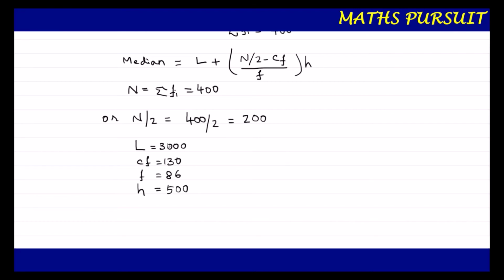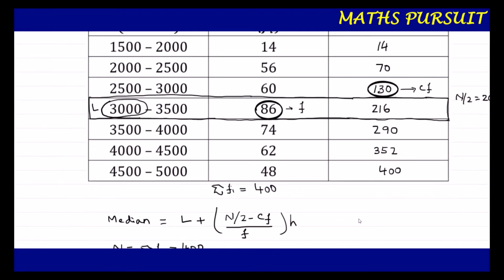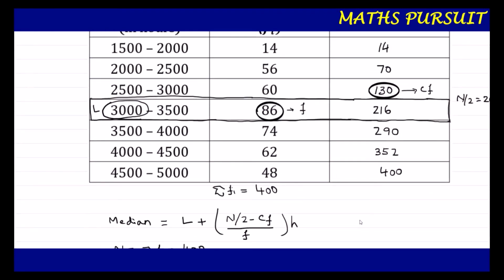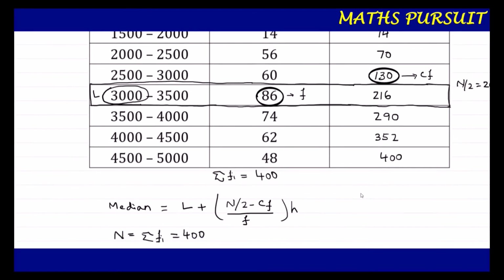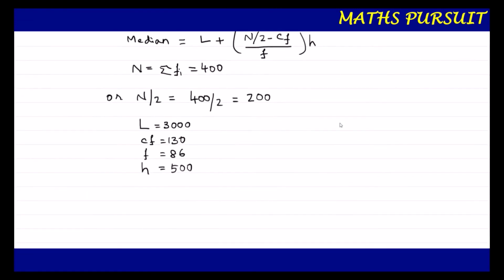How? If you just subtract the lower limit from the upper limit, you will get the class height. For example, 2000 minus 1500, we will get 500, or even 3000 minus 2500, we will get 500. So our class height here is 500. Now after getting all this information, let us put these things in the median formula and calculate the median.